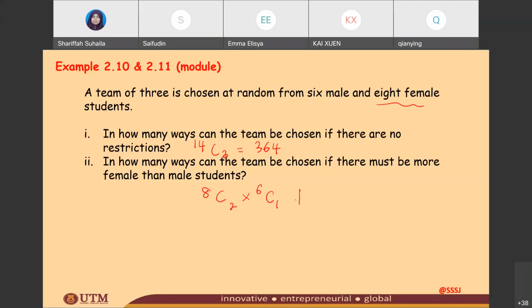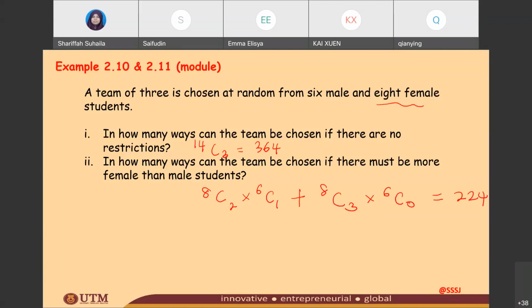Or you can add, tambah, from 8 female, you want to choose all 3 female students, 8C3, multiplied with 6C0, no male student. So again, you will have a total of 224. That is how many ways.